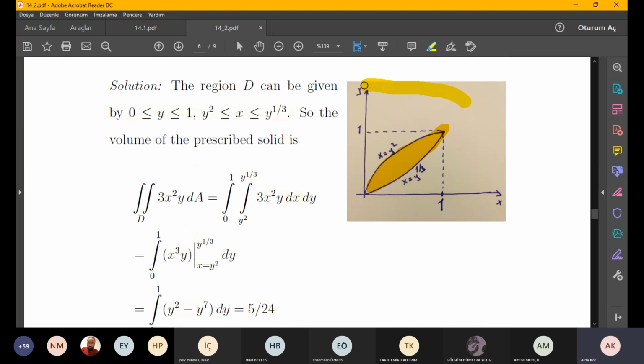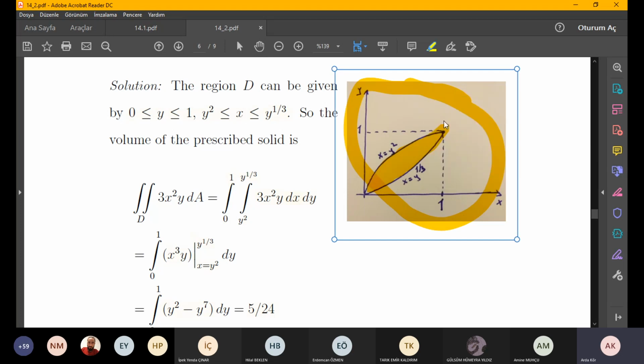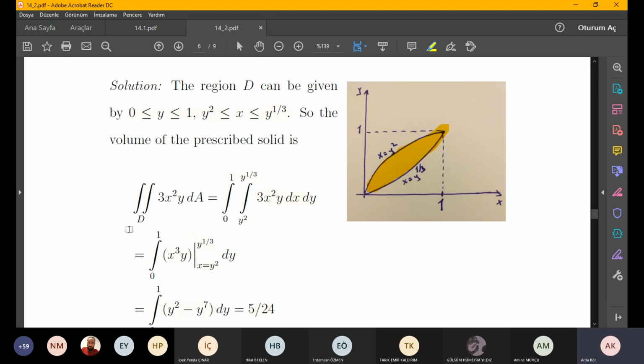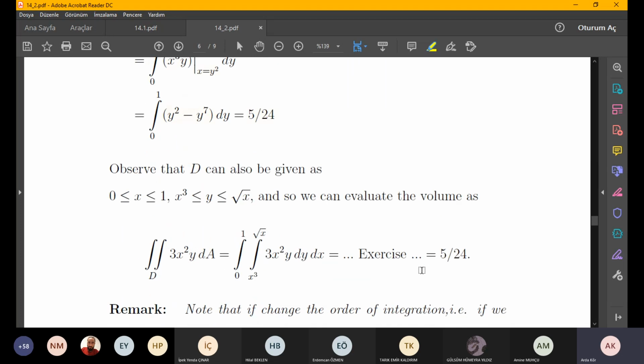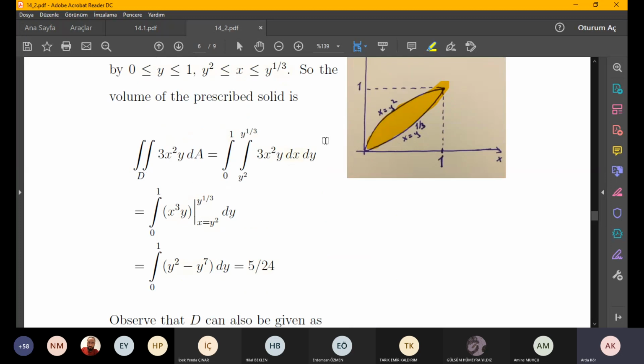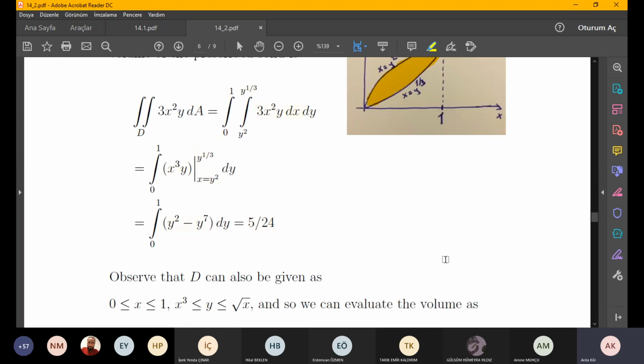This is the representation of this sketch, just to show the integration domain here. If we try to change the order of integration, so we first integrate with respect to y and then x, of course, the boundaries will change.